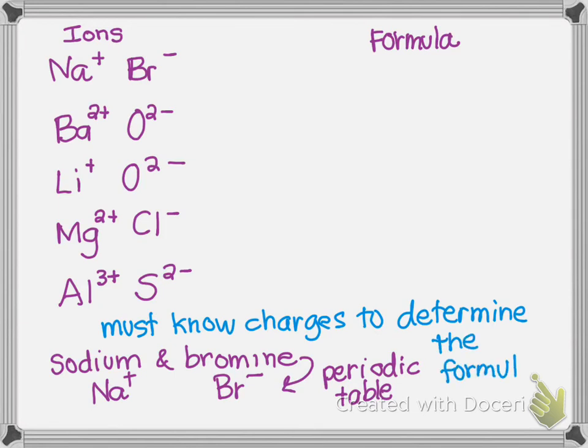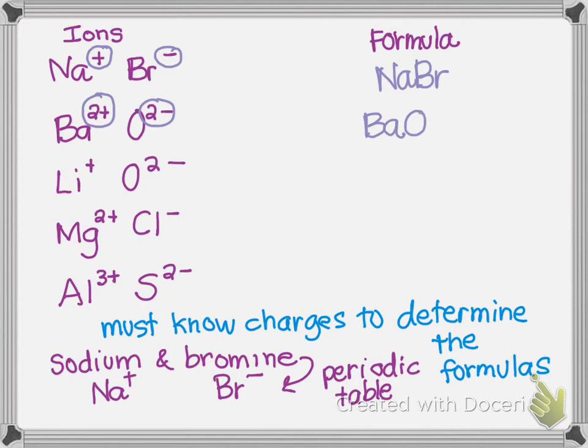So how I would approach it is I would look at the charges. And if they're the same, like a 1 and a 1, then I know it's a 1-to-1 ratio. Right? If they're the same, because they cancel, I only need one of each. A 2 and a 2 would cancel. I only need one of each. Notice when I write the formula, I'm not writing any charges.